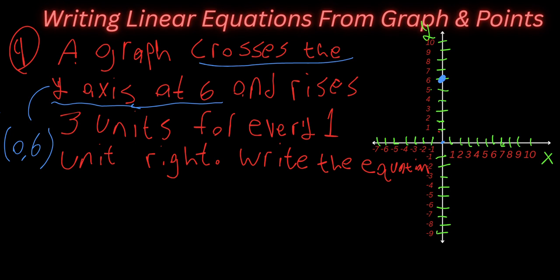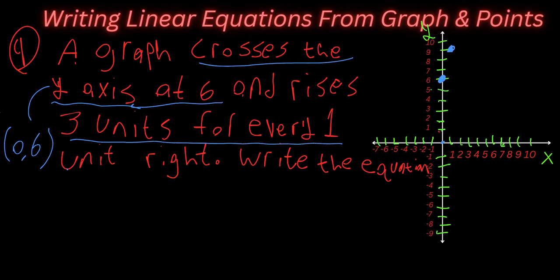All right, and we're told that it rises 3 units for every 1 unit right. So 1, 2, 3. We move 1 unit to the right, which is somewhere around there. All right, so we're given a slope.